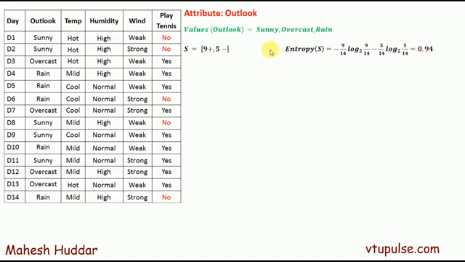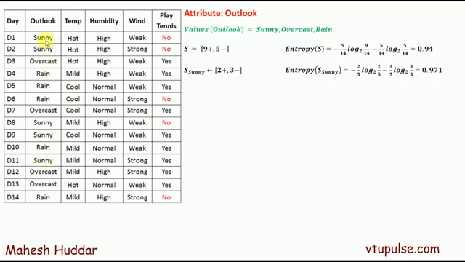Similarly, we need to find the entropy of sunny, the entropy of overcast and then the entropy of rain. For S sunny, we need to consider the data set consisting of sunny for outlook. How many examples are there? We count: 1, 2, 3, 4, 5. 5 examples. Out of 5, we count how many are positive and how many negative.